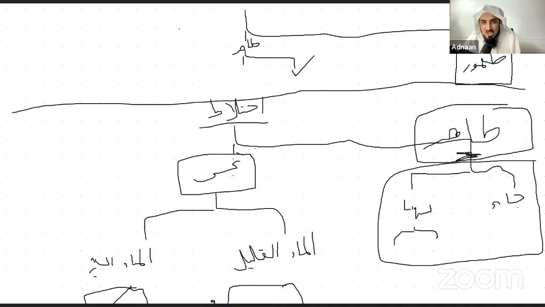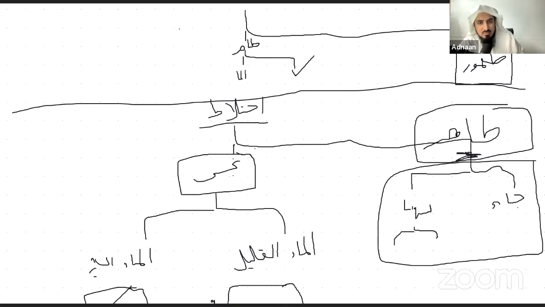If you've got a detergent, it's going to mix with it, okay? It's going to become something you can't use. Sometimes you don't have detergent. Sometimes, like when you've got clothes in the washing machine and you carry on rinsing, there comes a point where the clothes are extremely clean. There's no more detergent in them. If you took those clothes out, that water, if somebody looked at it, it's still water. But they'll tell you that's also water which has been used, so you can't use it for qurbah. You can't use it for wudu. Rather, you can use it to cleanse elsewhere. So that's what they tell you, ma'ul musta'mal.